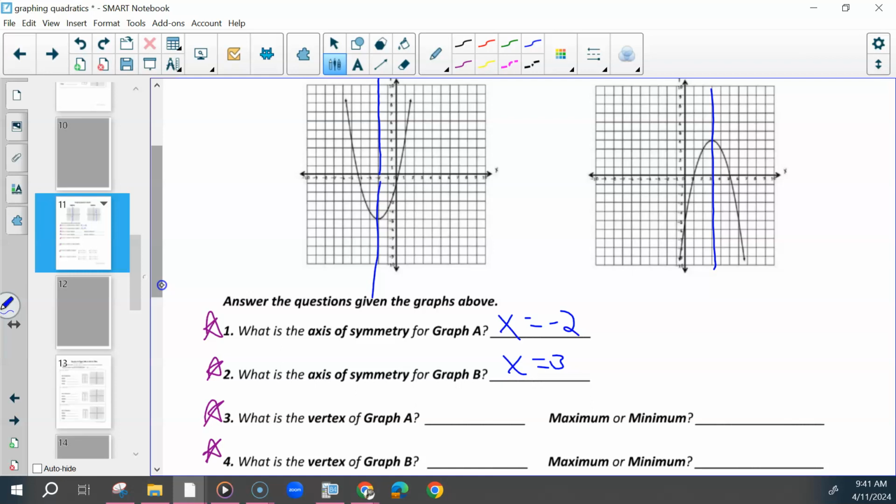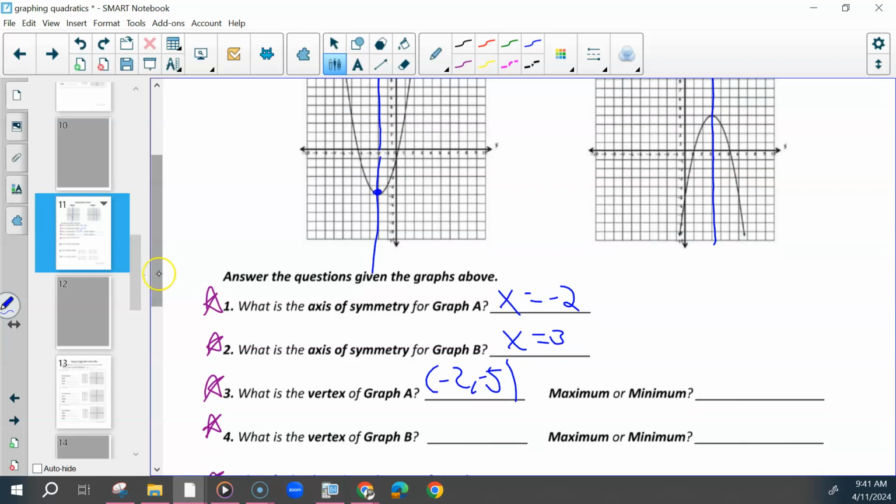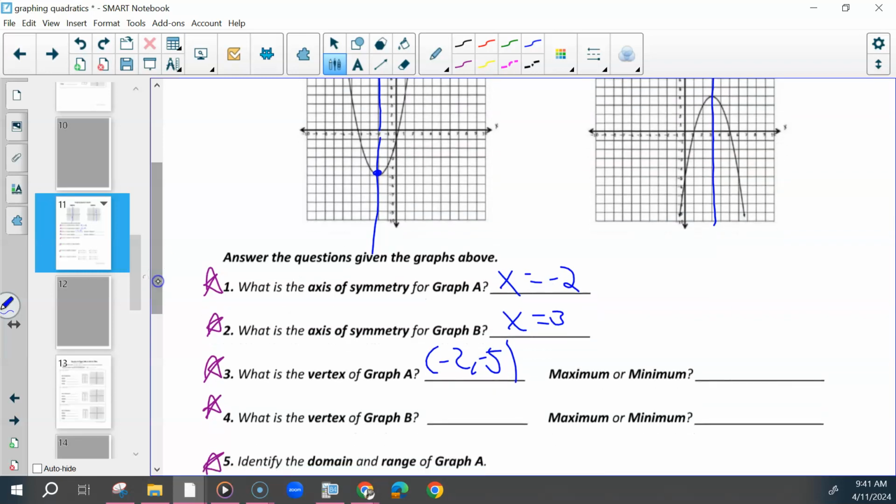Guys, focus. -2, -5. We'll write that point first and then talk maximum. What is the vertex for graph B? Three, four.